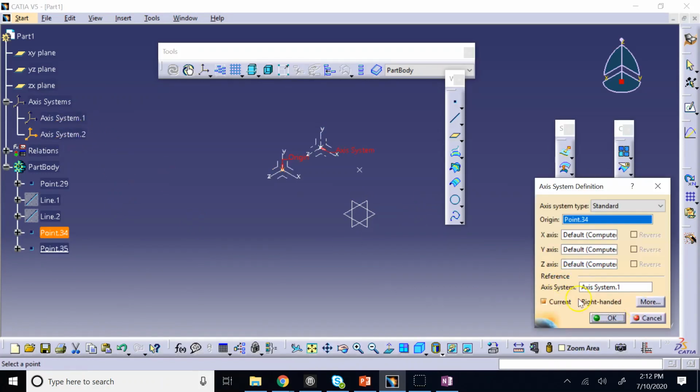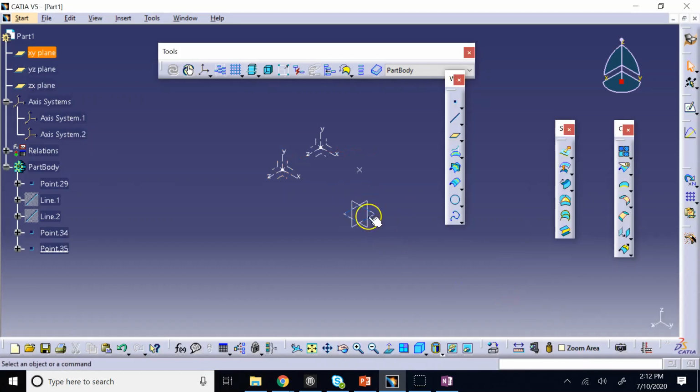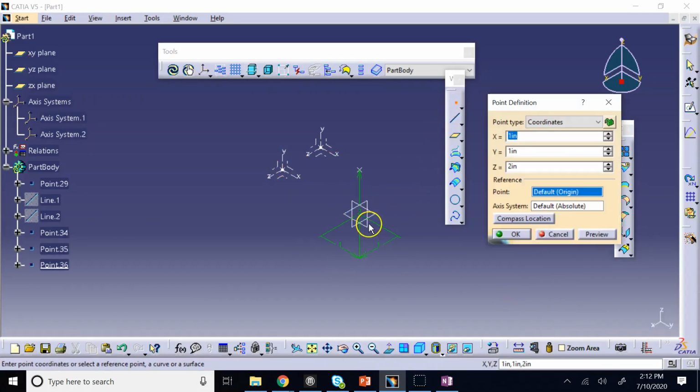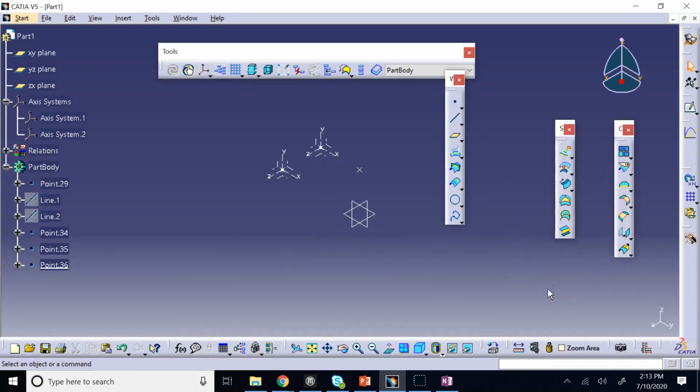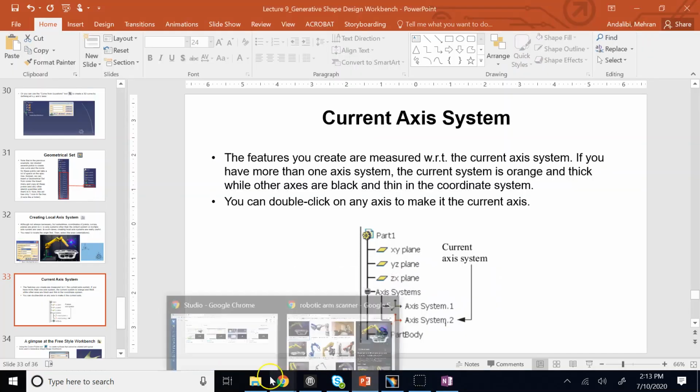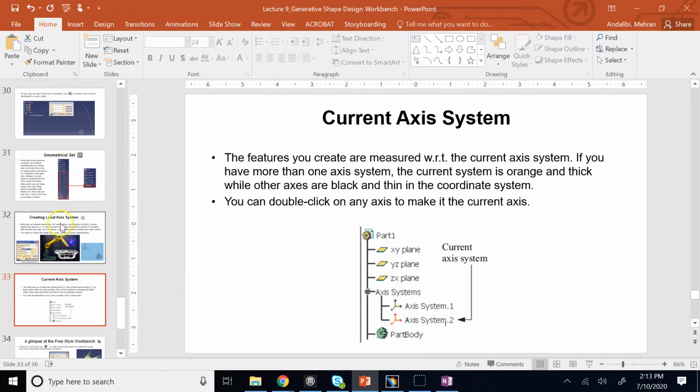If you turn all of them off, then the original or absolute will be your reference, okay? But as I said, you can always right click here for the coordinate frame and change it. So if I don't want default, I can click on system 1 and make it with respect to system 1. Okay, so this is the very important topic of creating a secondary or local coordinate frame.